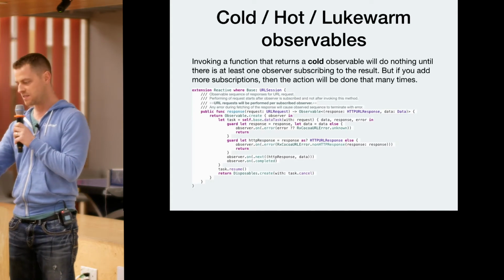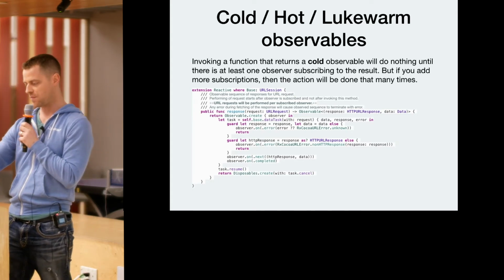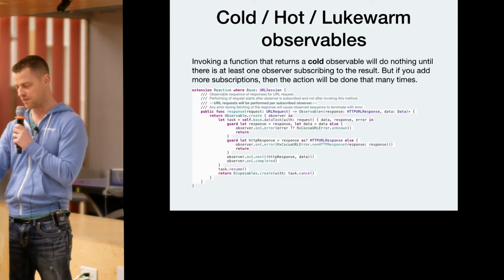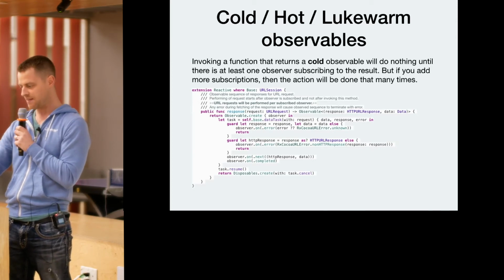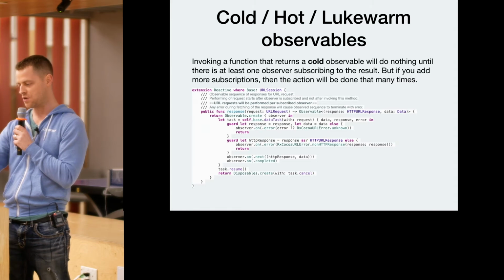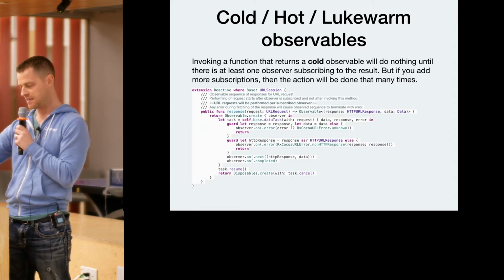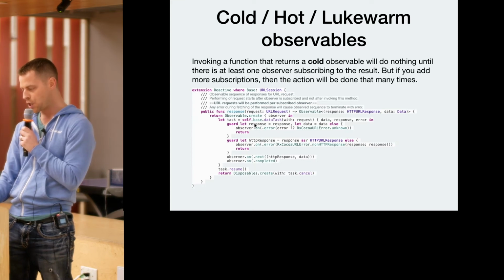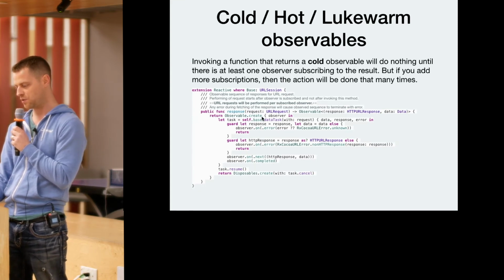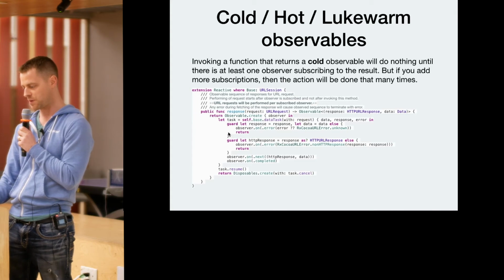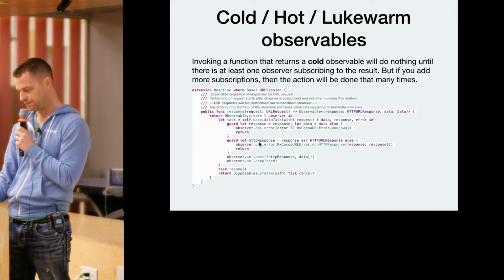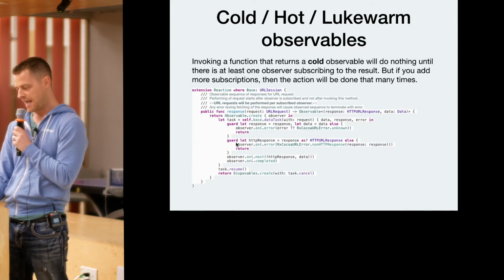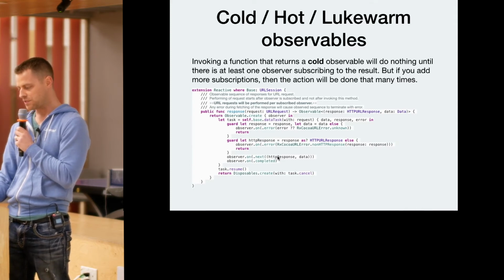In this case, this is code I copy-pasted from RxCocoa, cutting out logging and whatever. This is the code you'd get if you're using the URLSession Rx helper to get data, and this is how it's implemented. So per subscription, that's what this Observable.create does. Everything in here happens per subscription. It does the actual network task and returns the results.